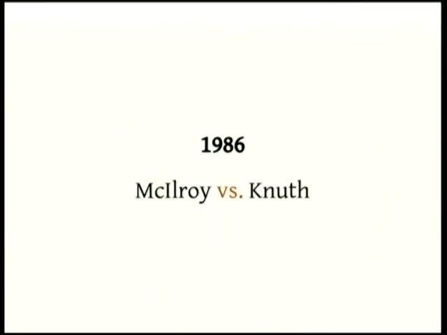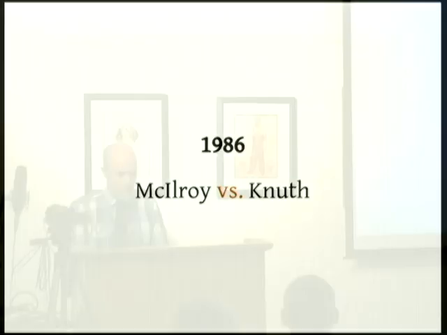But I'll also cite the famous 1986 showdown between McIlroy and Donald Knuth, who largely invented computer science in the 70s as he wrote The Art of Computer Programming. Knuth, a very, very famous programmer, was asked to write a routine.